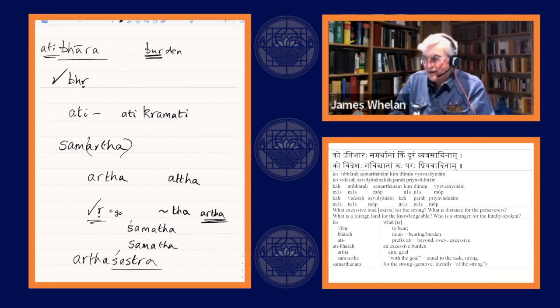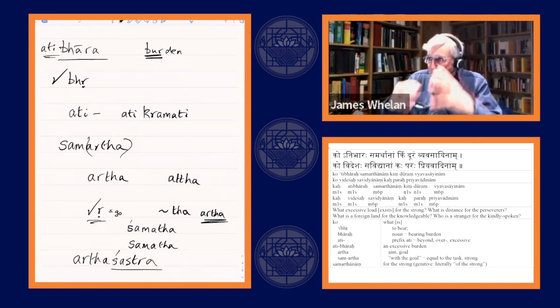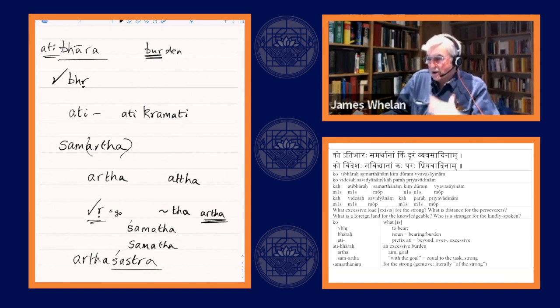So samartha, the original meaning, remember, is being equal to the goal, in other words, capable of achieving. The idea is being generally competent and capable. So kotibhara samarthanam, what burden is excessive for the competent, for the strong?